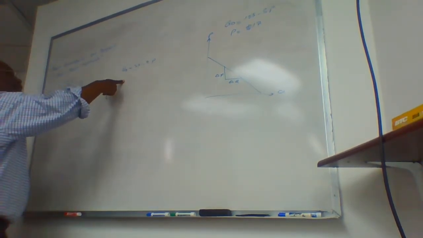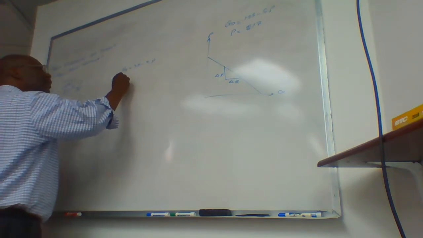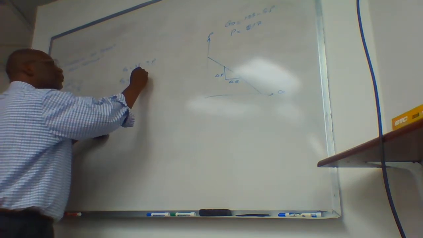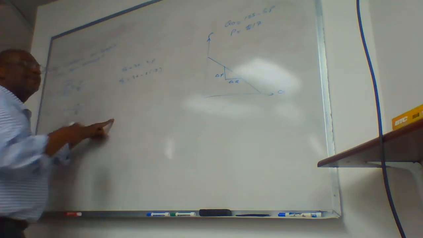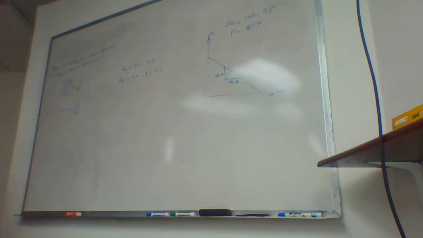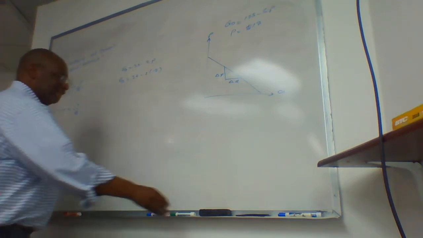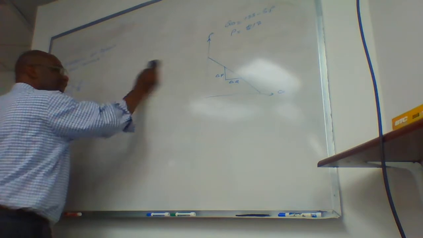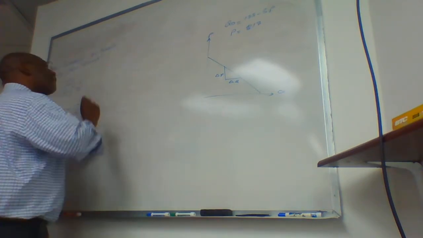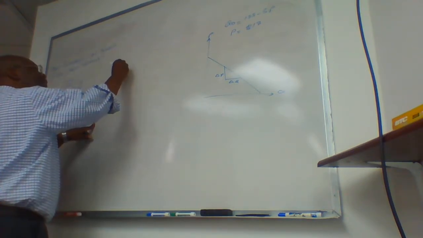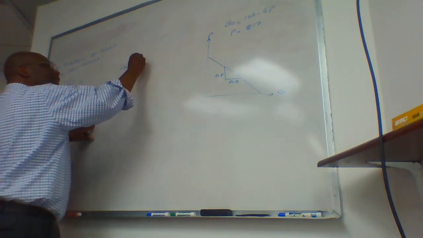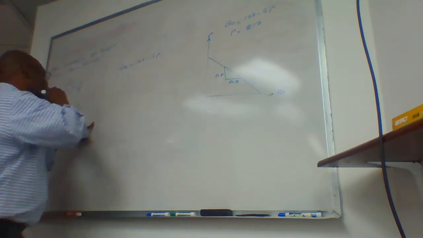So to find Q, QD is 36 minus 2 times 17. Yes, John? Where do we get the 36? Oh, I'm sorry, yes, 125. QD equals 125 minus 5P.